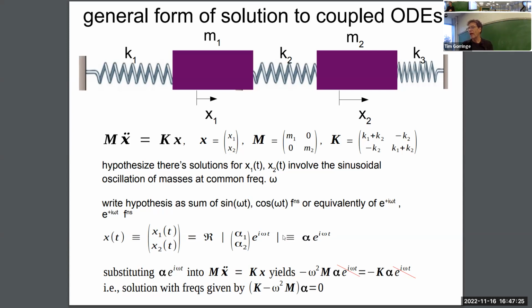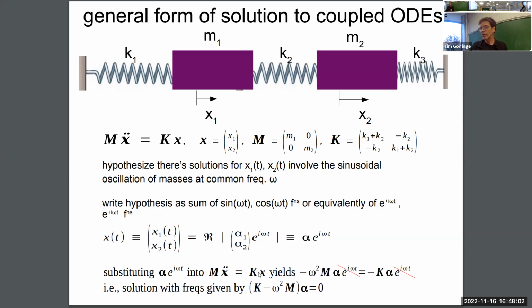And I can write that in this little form here. So now alpha is this little column vector of the amplitudes of these oscillations, and the sinusoidal nature of the oscillations is built into this complex exponential. So I'm just going to substitute this hypothesis of sinusoidal oscillations at a common frequency into these coupled differential equations represented in this matrix form.